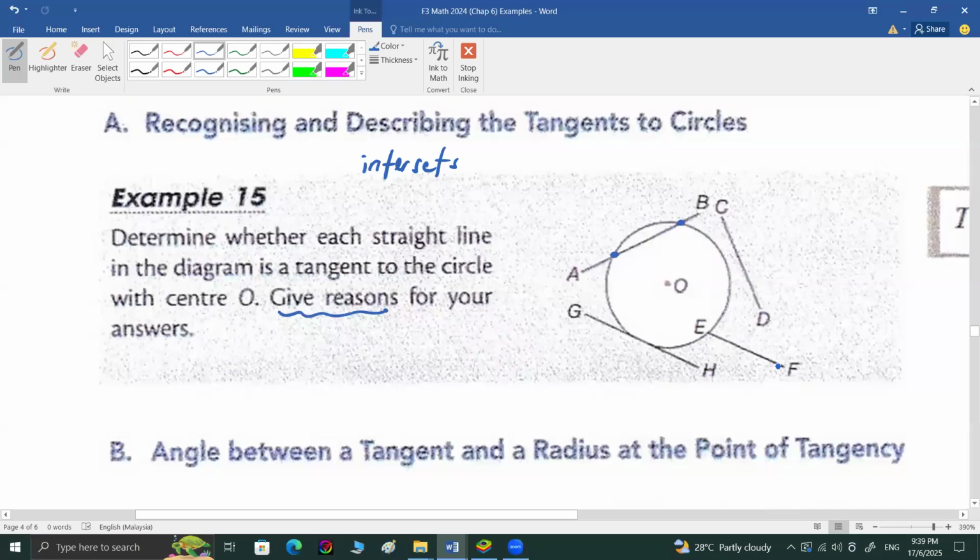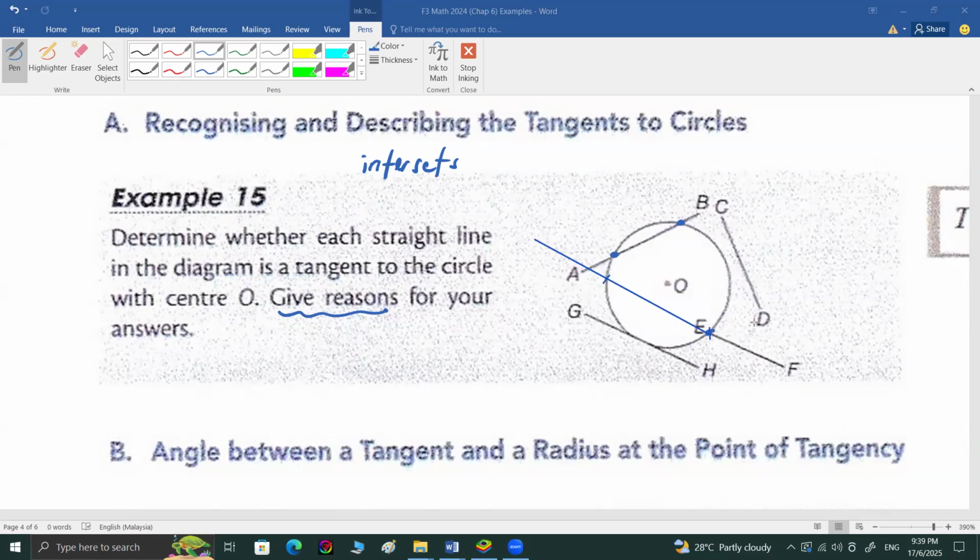EF also no. Yeah, it cuts the circle at 1 point, and will cut through 2 points if I extend it. Although it's 1 point, if I extend it, does it cut 2 points also?